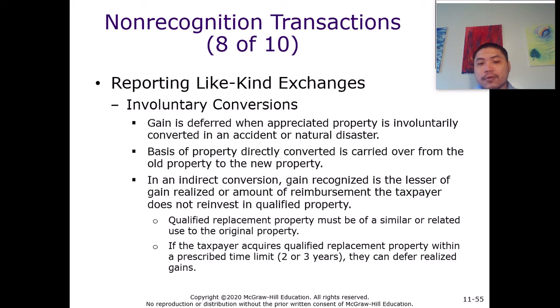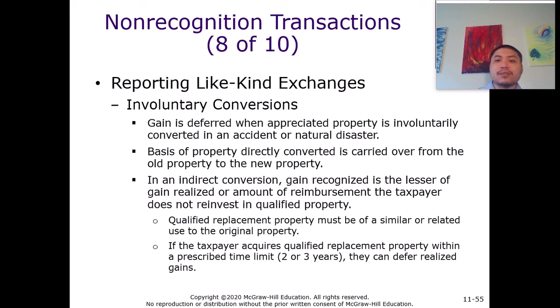So let's get back to the discussion of what can be considered a qualified replacement property. Usually the definition for qualified replacement property is pretty strict. You cannot just buy a similar piece of property. So let's say the taxpayer has a rental office building, then a qualified replacement property would be another rental office building.